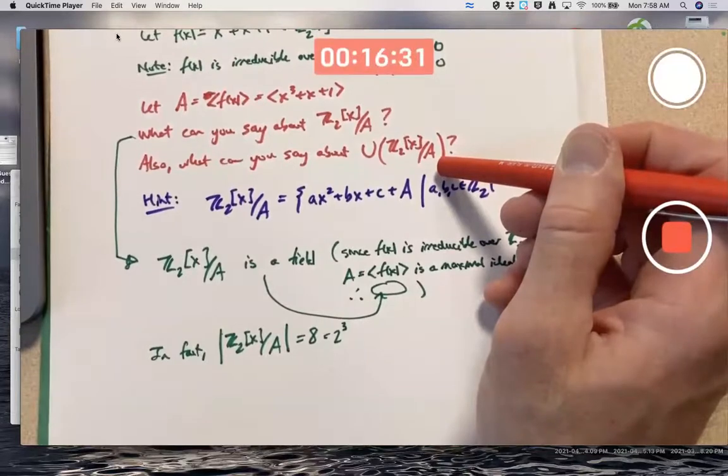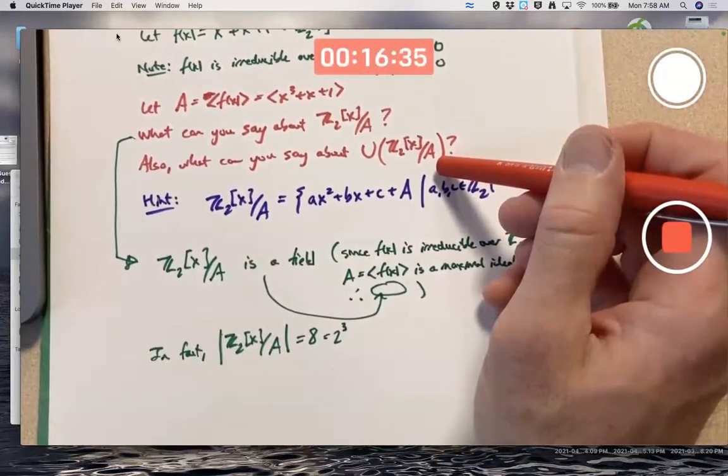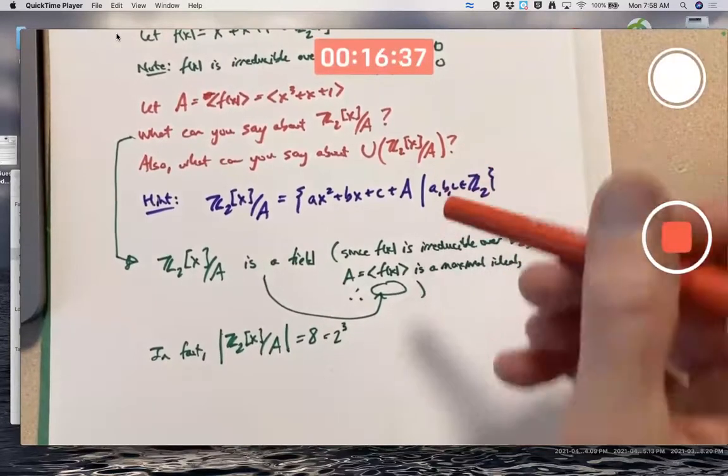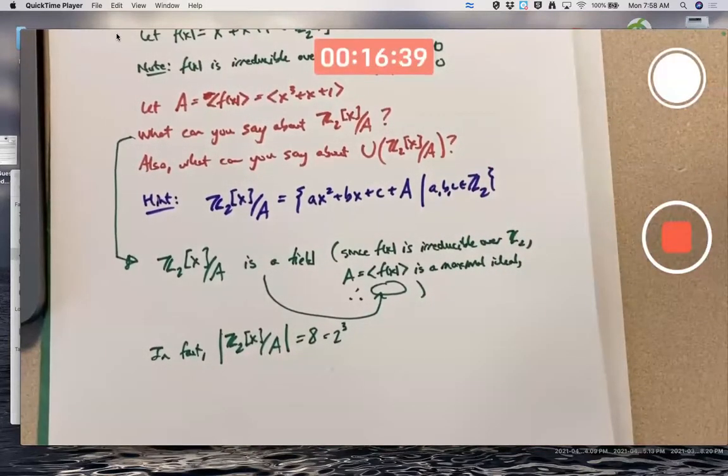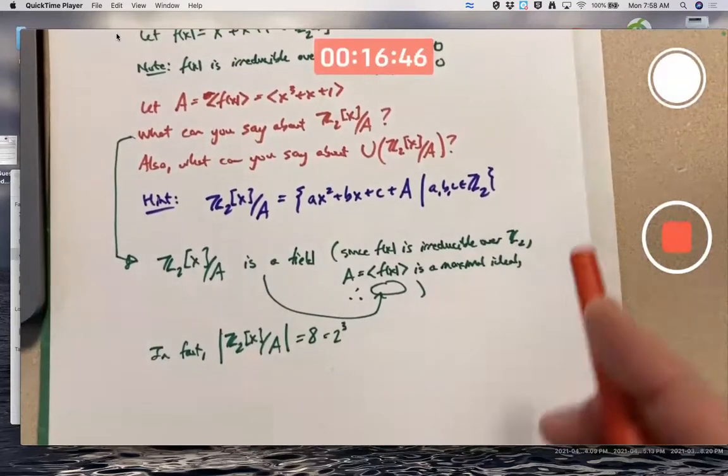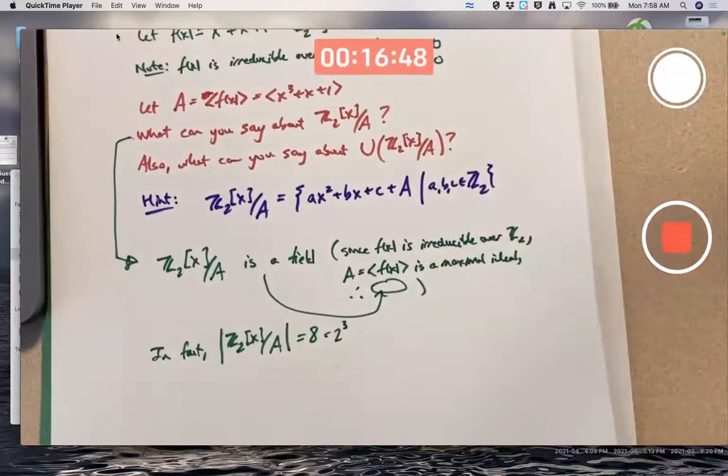It would just be 8, right? The whole field. Almost. You're thinking along the right lines, except you're forgetting one thing. Is 0 a unit? No, it's not. So the group of units never contains 0. So it's got to be 7 elements.